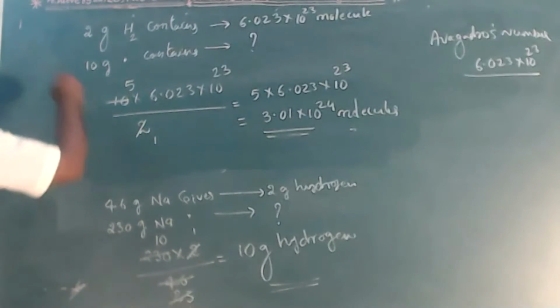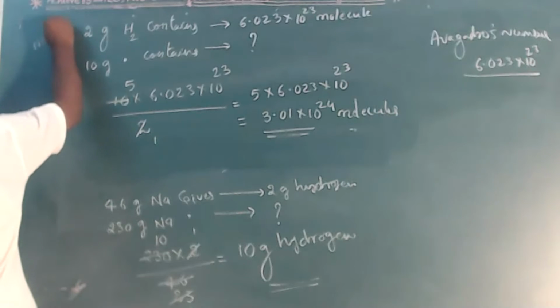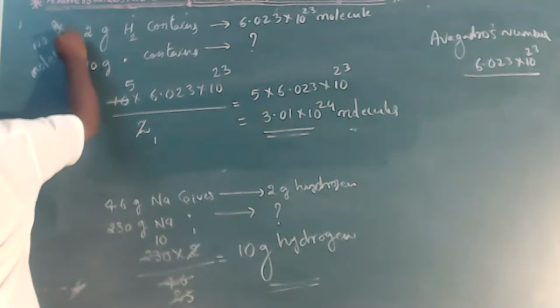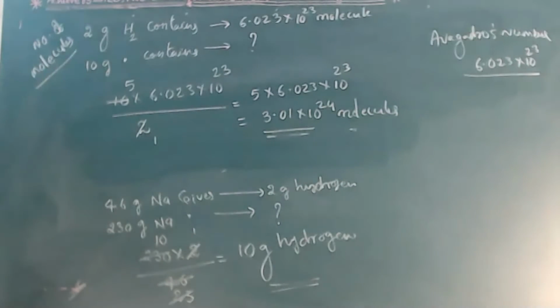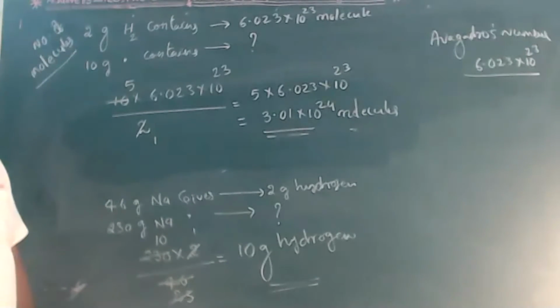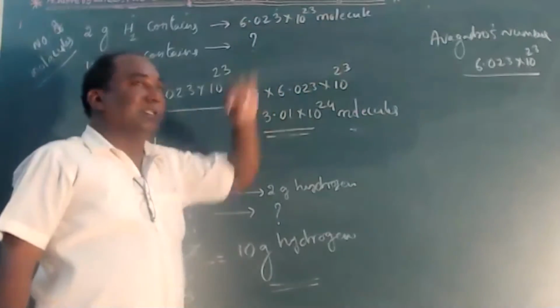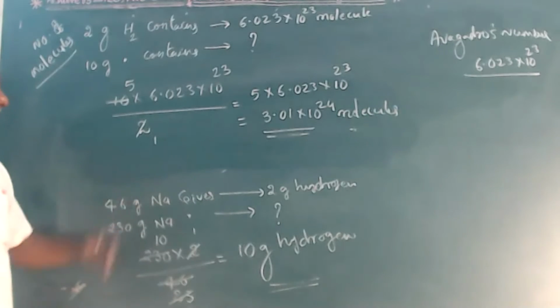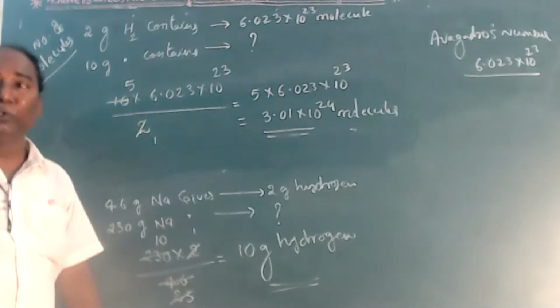Second one is the number of molecules, which is 3.01 into 10 to the power of 24 molecules.